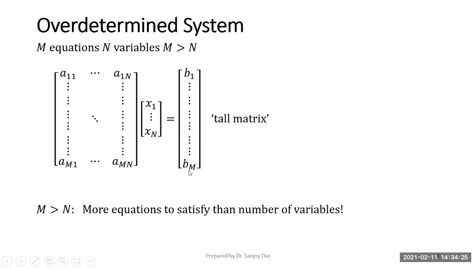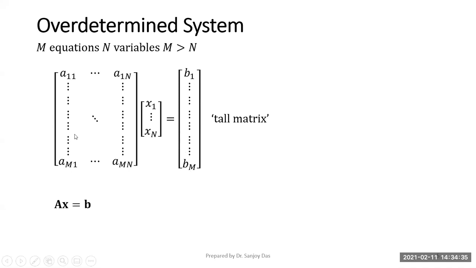The dimension of this b vector is equal to the number of rows in this matrix. And so we can succinctly write this as Ax equals b. But of course, we cannot solve it exactly, right? Because A is a tall matrix. It has more rows than columns.